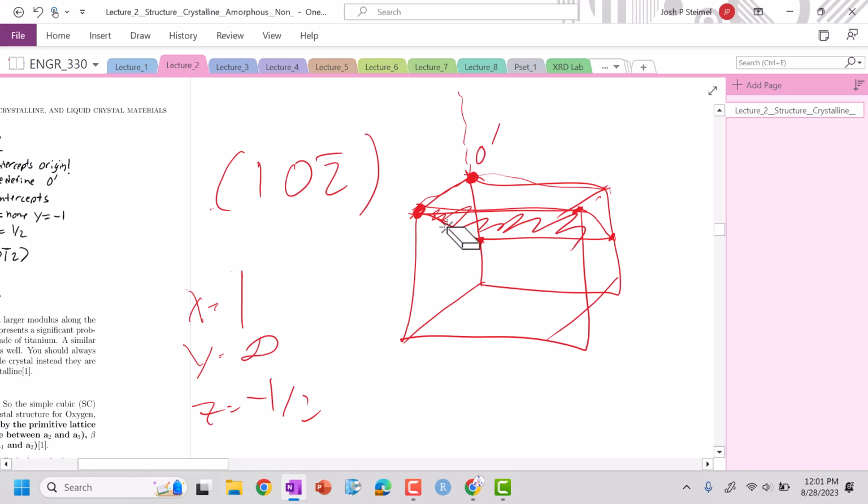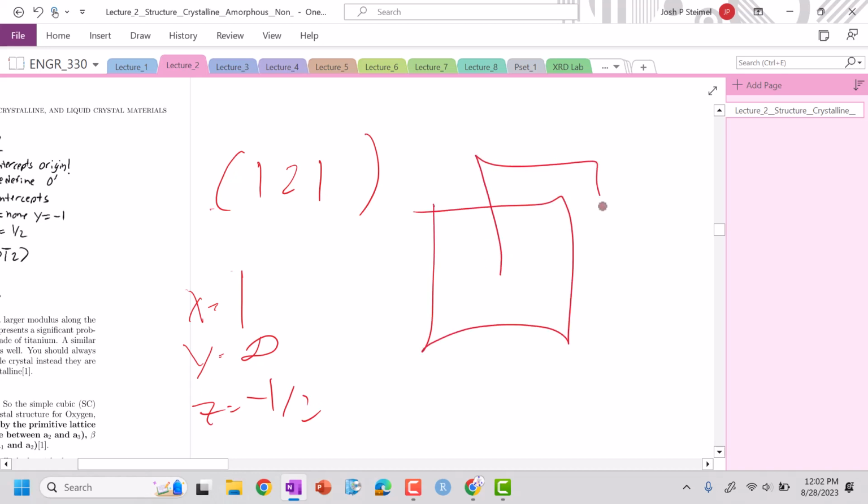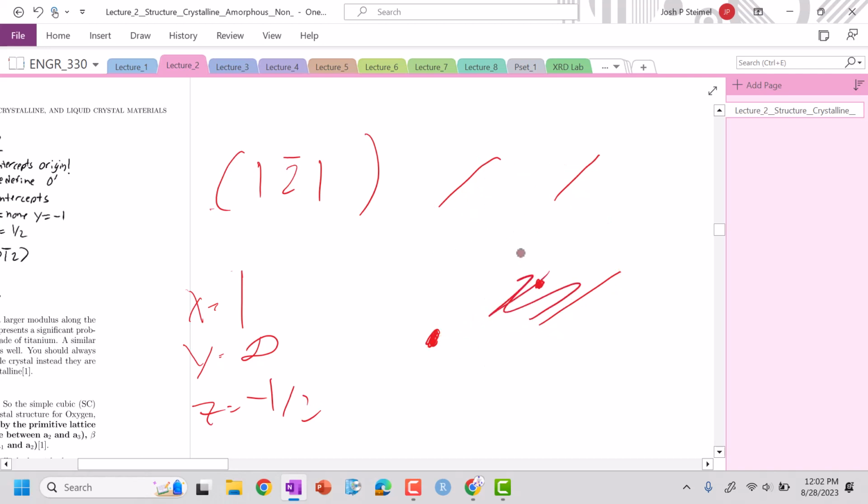Now, the nice thing, what happens if it's (1 2 1)? Well, all I'd have to do is 1, half here, 1, connect. If it's 3, it's going to be a triangle of some form. Even if it's complicated, let's add a complication here. Let me just erase it here.